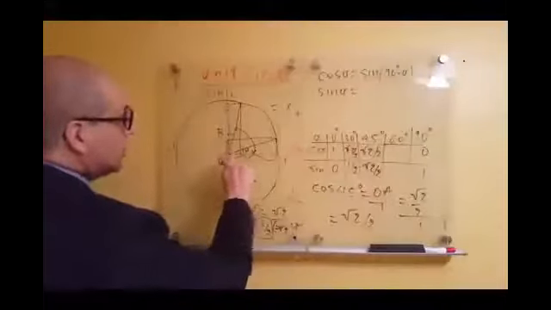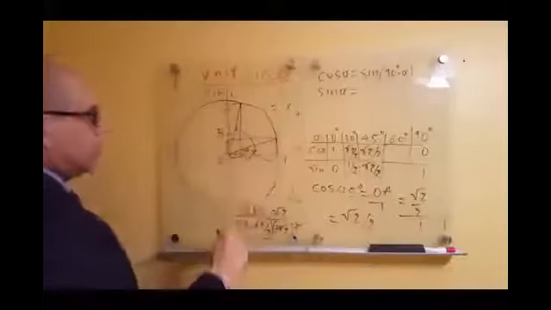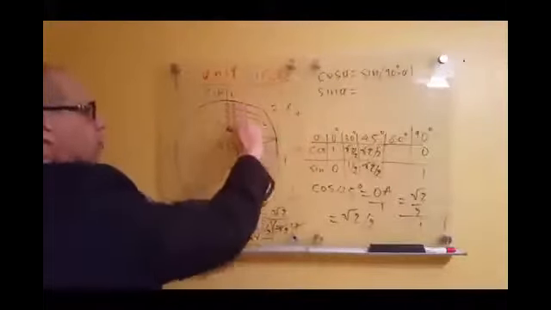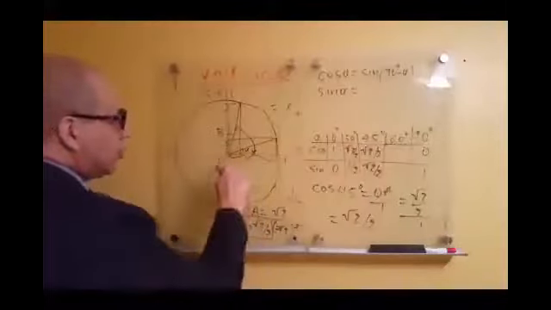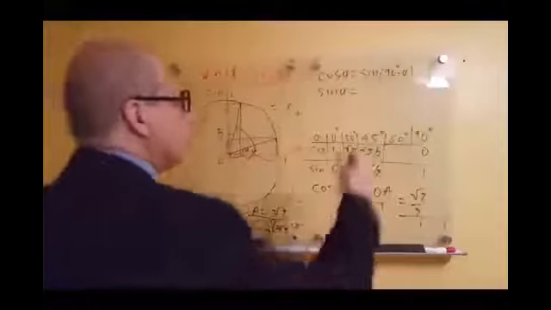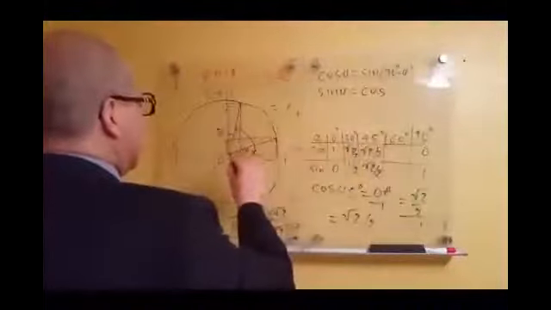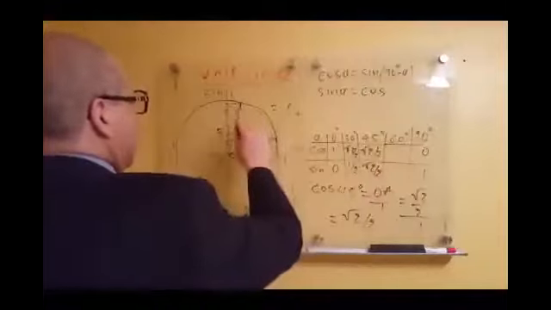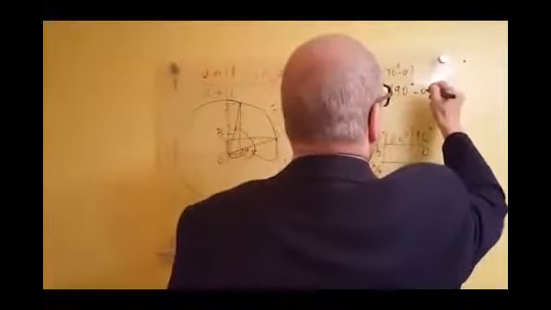What is this here? This is the cos of this angle here, because the projection from this point to the cos axis comes here. So this small segment here is the cos of this angle here, which again is 90 minus A.